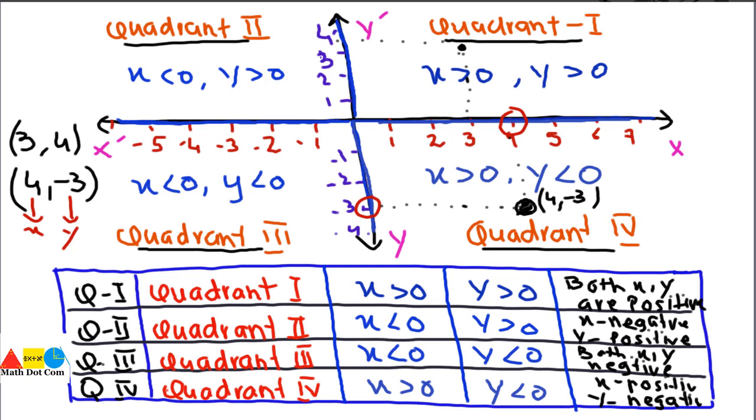Whenever you are going to plot points in the quadrant plane, the points can be at two places. Keep this in mind, a very important point. I'll write it here: each point in the Cartesian plane can be found in two places.